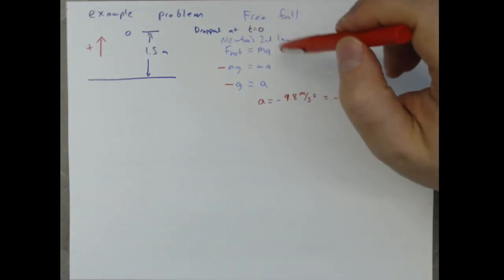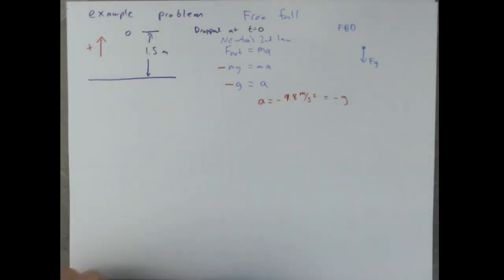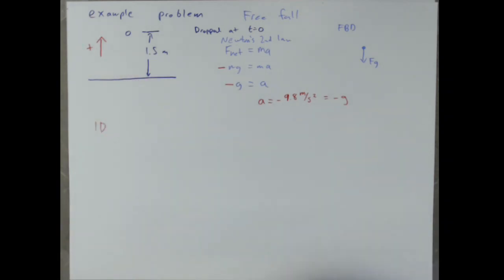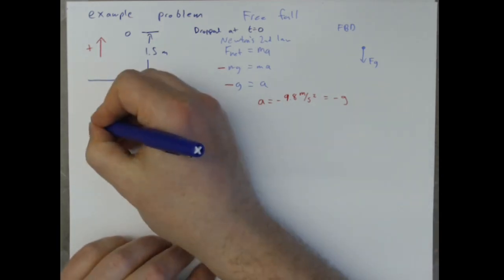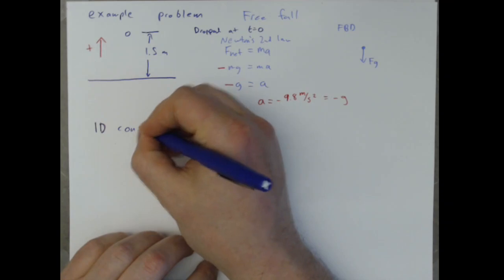So in this case, I now have a constant acceleration. So the problem is one-dimensional. I don't want to keep using red. The problem is one-dimensional, and we have constant acceleration.